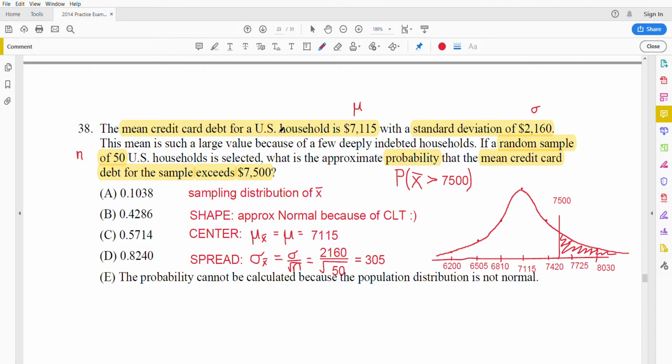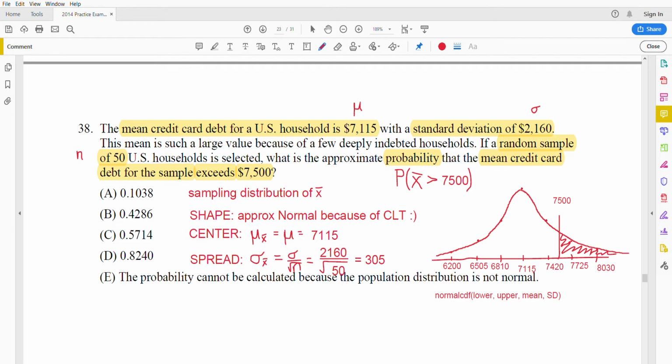Now, the traditional way of figuring out that area is to calculate a z-score, look that z-score up in the table. That's before there was technology. Okay, but since we've got technology, let's use it to our advantage. The TI calculators have a command called normal CDF. Okay, and the inputs are the lower bound, the upper bound, the mean, and the standard deviation. So if you know those 4 things, you can find the area of any interval under a normal curve.